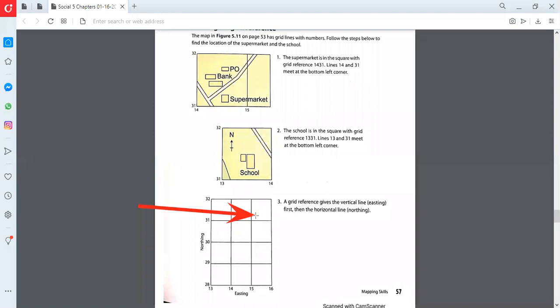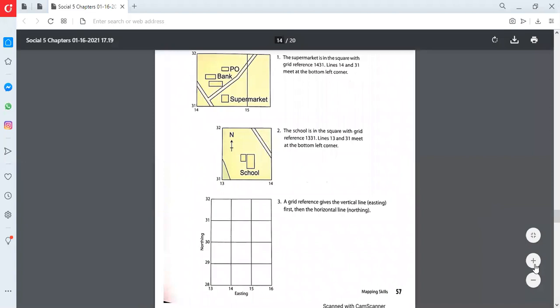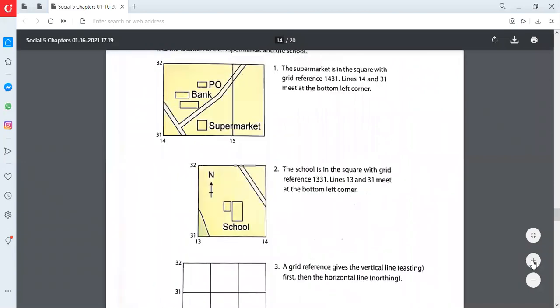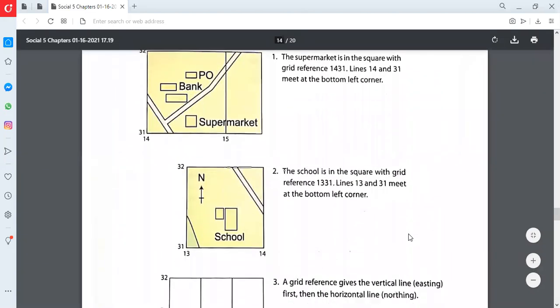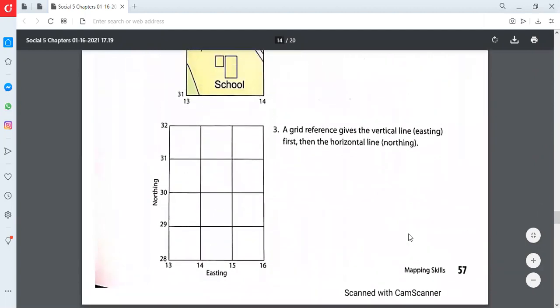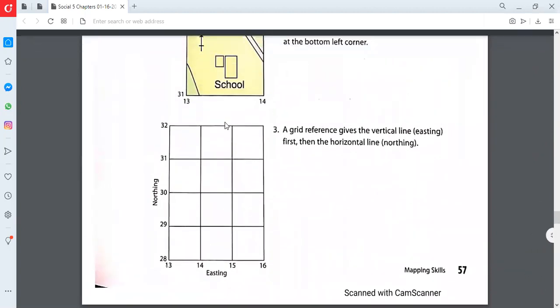These boxes will give you the address. Right now, let's see some points. Let me zoom in the picture. We will go back to the above pictures, but first we will see this picture because it is best for understanding.